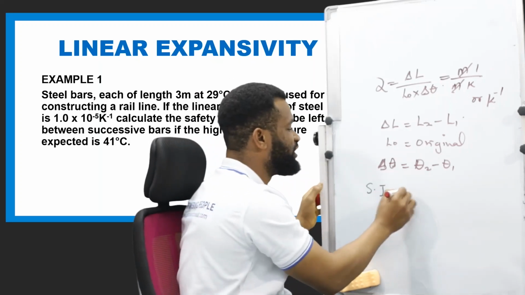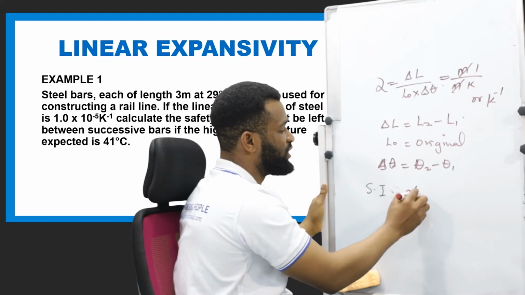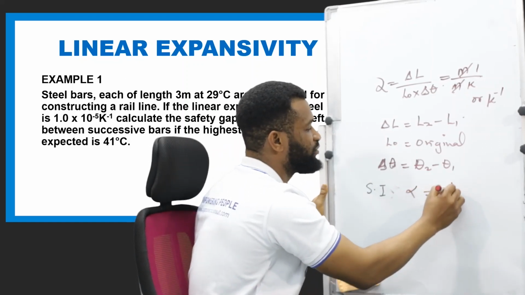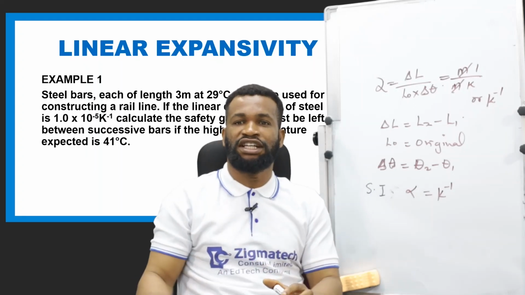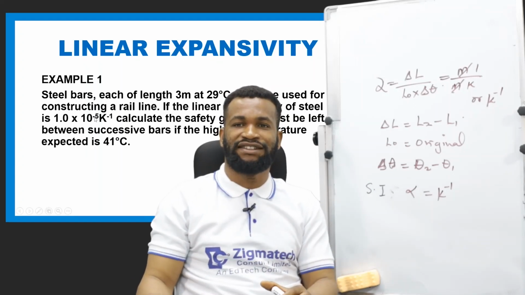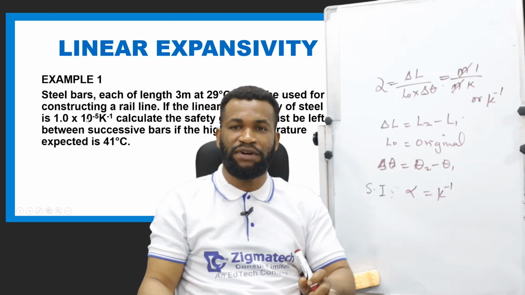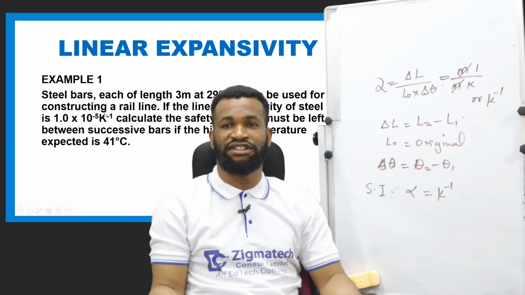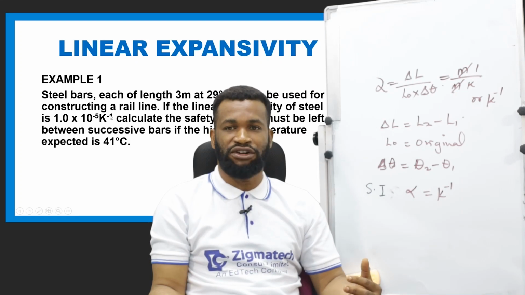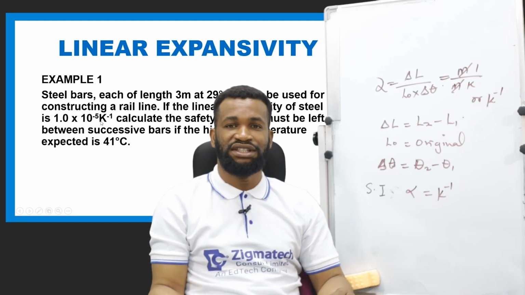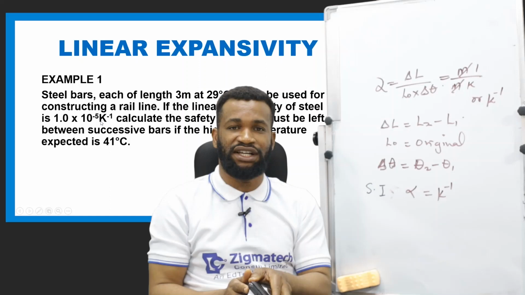That is the SI unit of alpha. So whenever you are solving a problem on linear expansivity and you have K raised to power minus 1, you know we are talking about linear expansivity, because that is the SI unit.